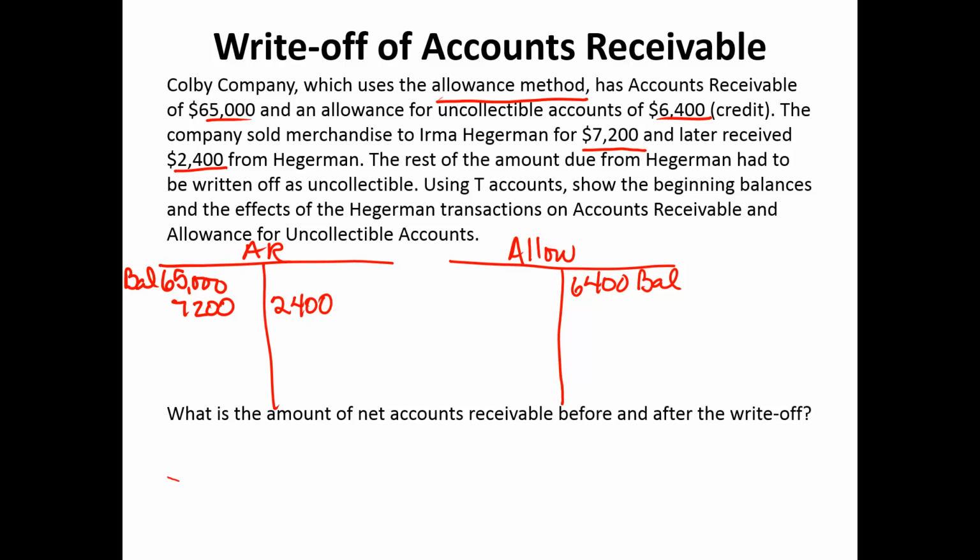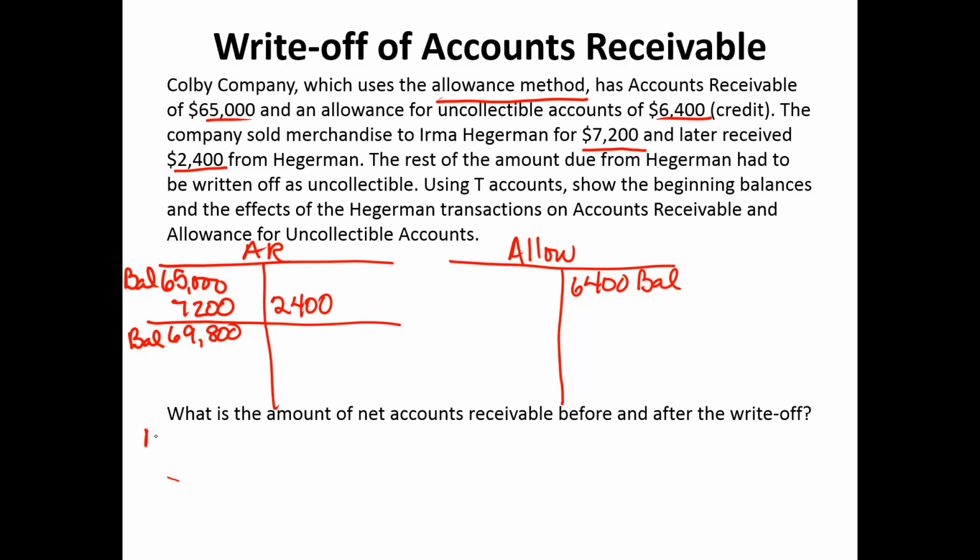The rest of the amount that was due from Hegerman had to be written off as uncollectible. So let's pause and figure out what our balance is before the write-off. I can see that my accounts receivable has a balance of $69,800 at this point.